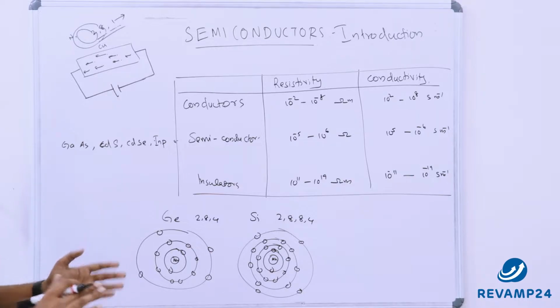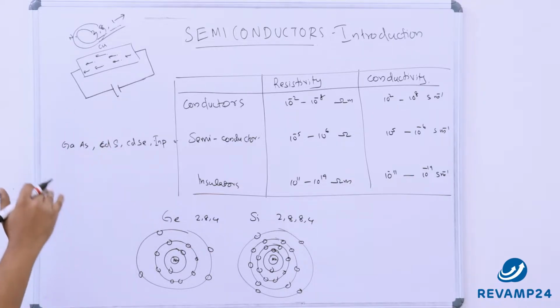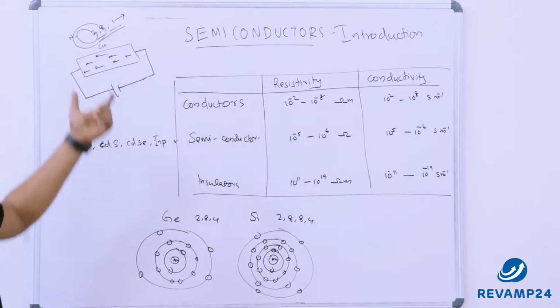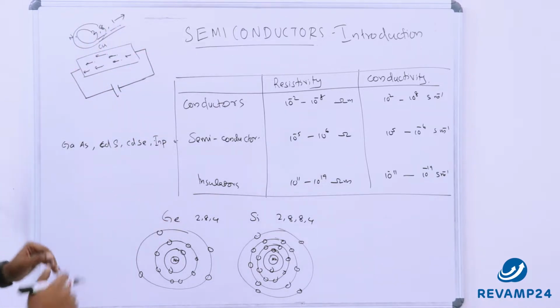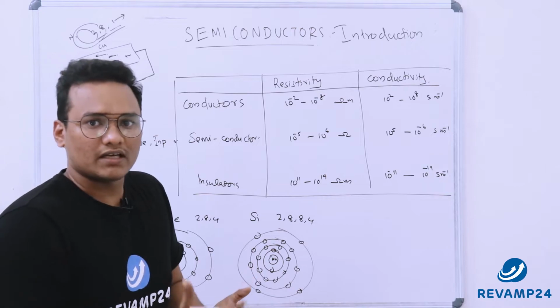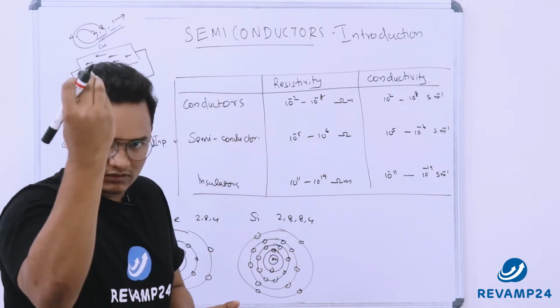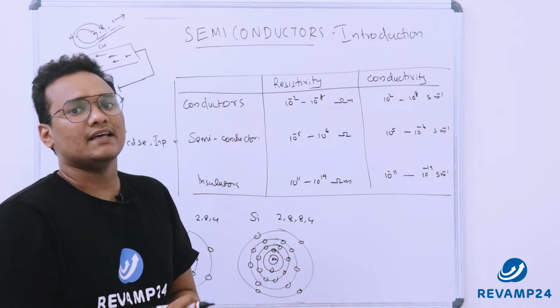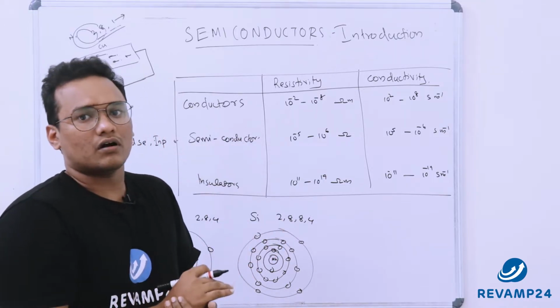So there are multiple reasons for an element to behave as a conductor. One reason is that on removing one electron it will get stability, and the next reason is that these electrons are less bound to the nucleus. So whenever they get higher energy in the form of heat or light, this electron will come out of the orbit.